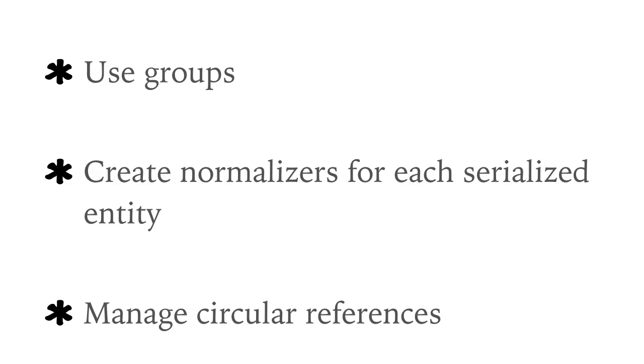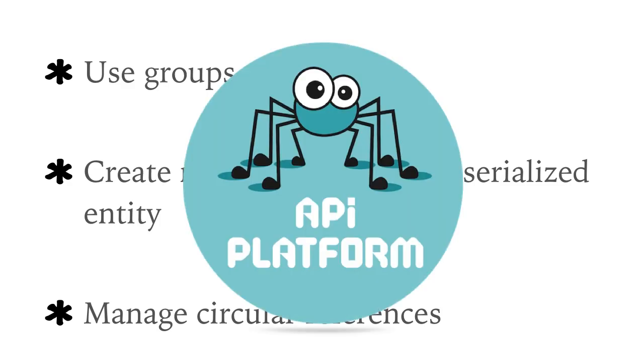What you need also, always use groups. Make sure that you don't display all of the things and let people modify any properties of your objects. Create normalizers for each serialized entity. That way you can manage stuff according, let's say, I don't know, the weather outside or some security stuff. So thanks to normalizers for each entity, you can manage this kind of thing. And of course, manage circular references, because if you don't manage it, remember, you will have exceptions, which is not cool. And last thing, take a look at the API platform library.